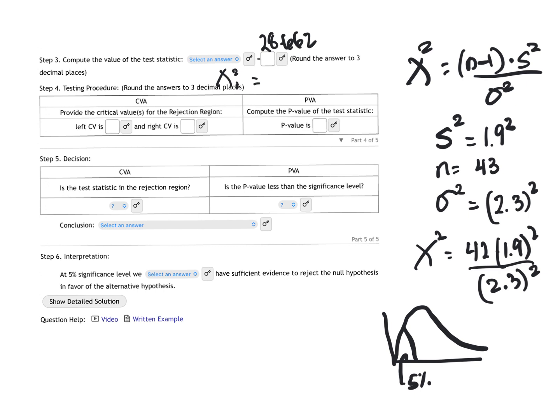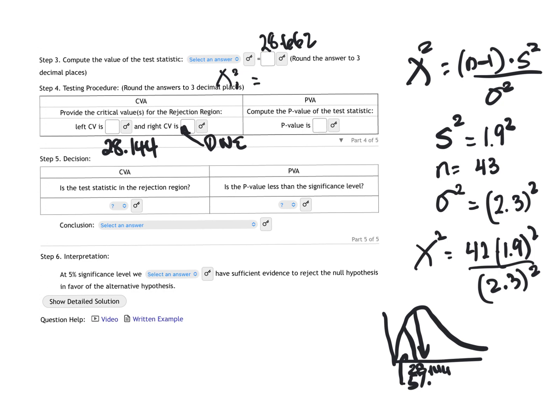You could put DNA there, because you don't need to use that. It's not applicable. When you do this on your calculator, you should get 28.144. So if you think about this, our test statistic is outside the critical region, right?